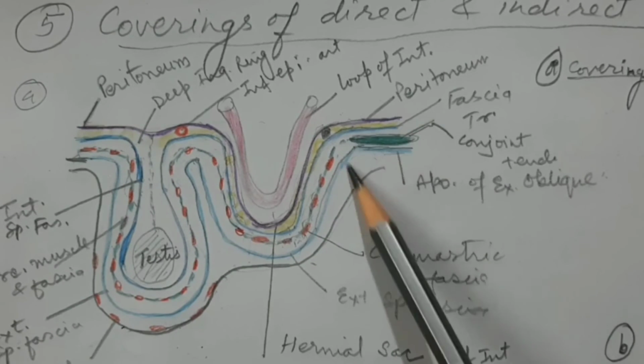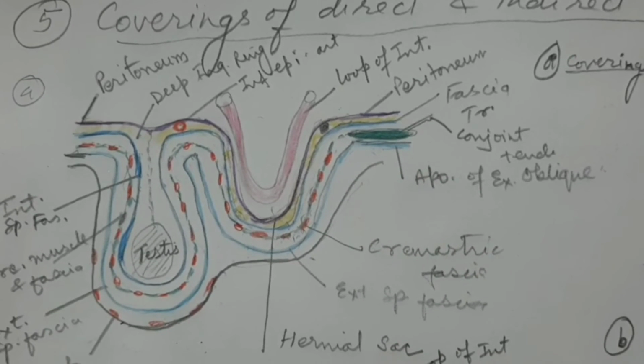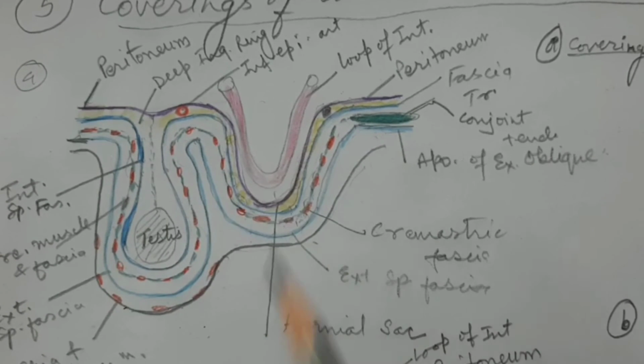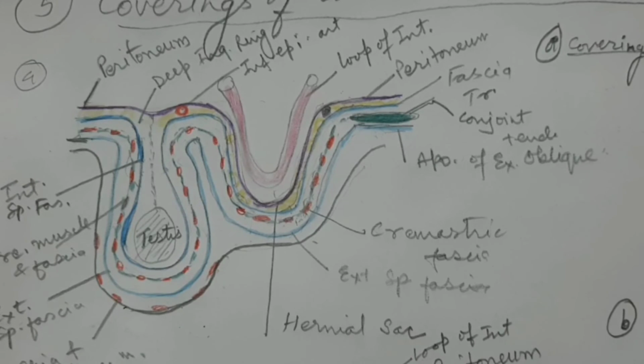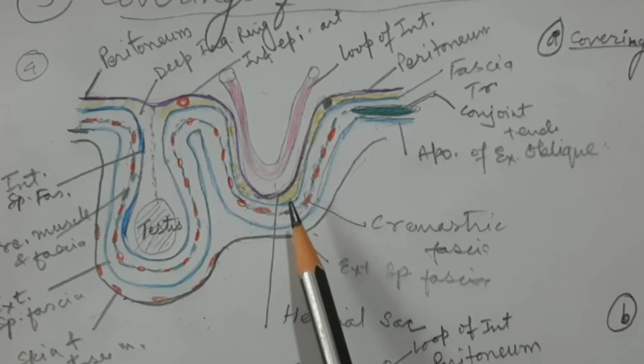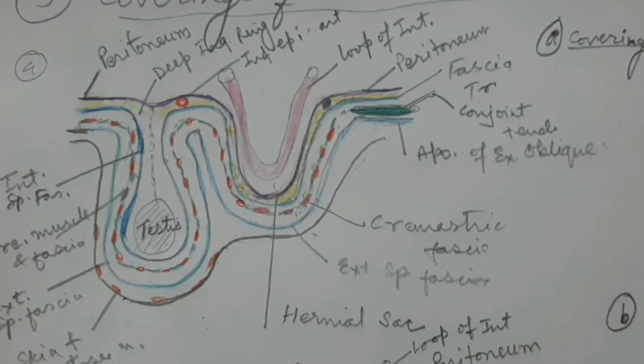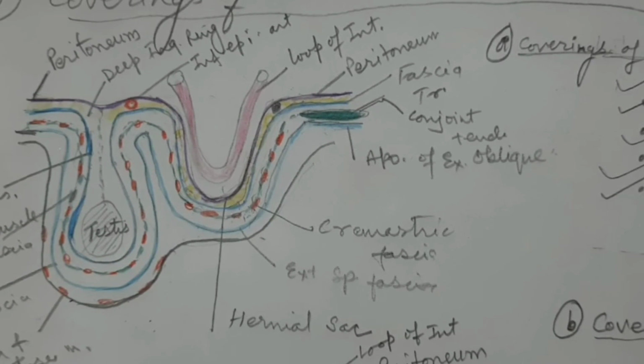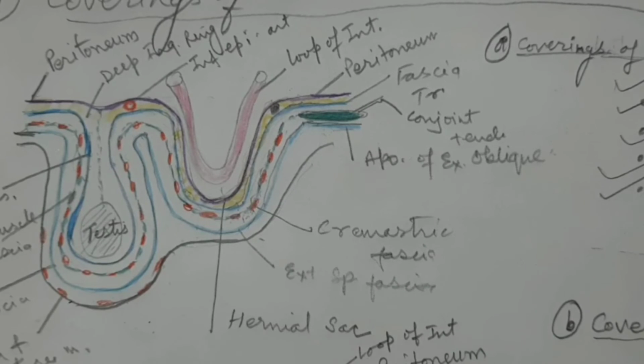It's quite rare, so we are not going into the medial part of the direct inguinal hernia. I have just shown you this diagram of the lateral part, so you should understand these coverings of the direct inguinal hernia.